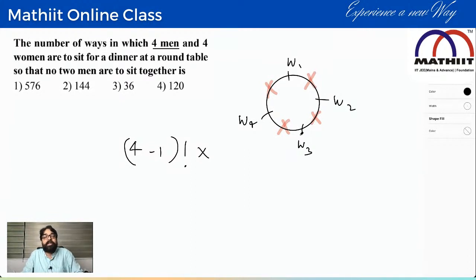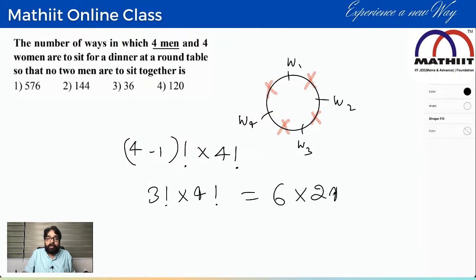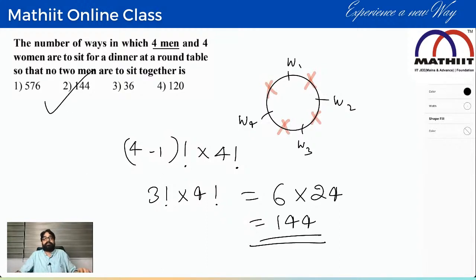This is between W3, W4. This is between W4, W1. So 4 positions, 4 objects: in how many ways? Row arrangement, because numbering is there, so 4 factorial. So 3 factorial into 4 factorial, that means 6 into 24, which is 144. 144 should be the answer.